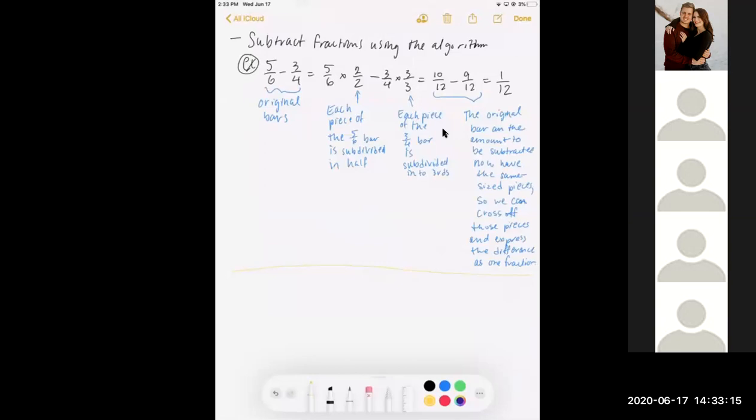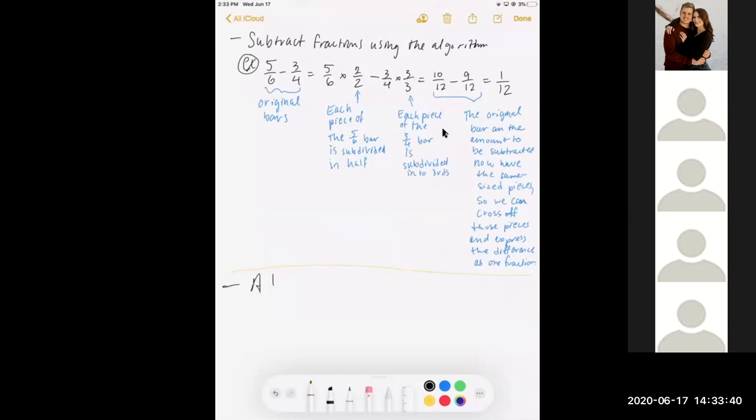Okay, so just 1 second, I'm gonna plug in my iPad. And as I do that, we're going to talk about adding and subtracting mixed numbers.